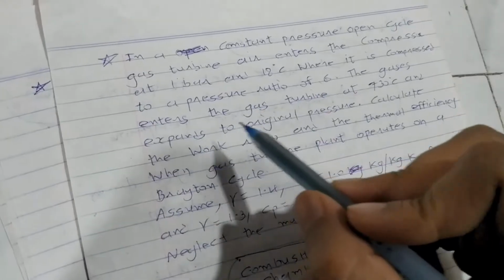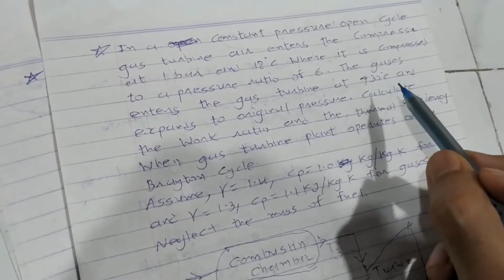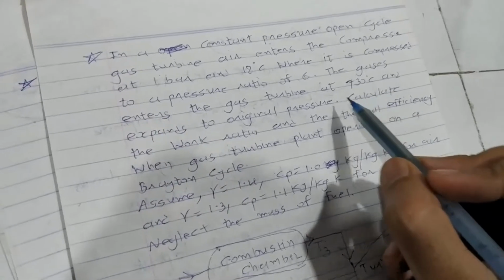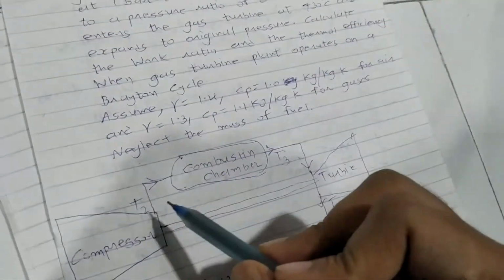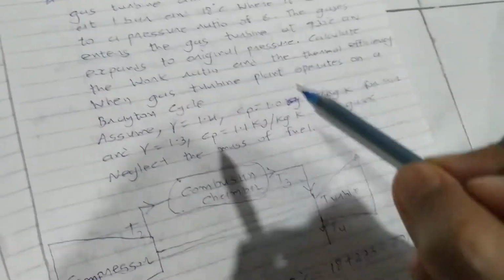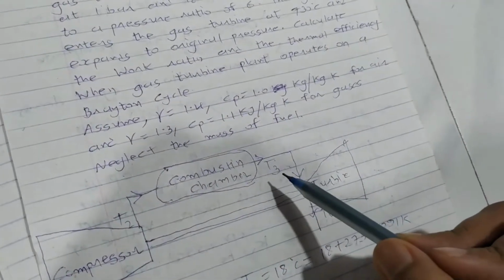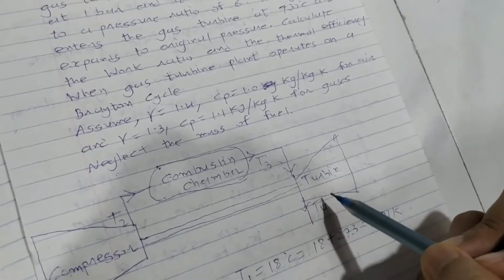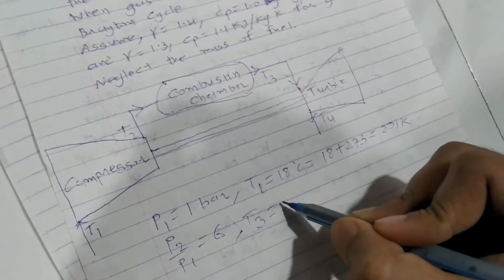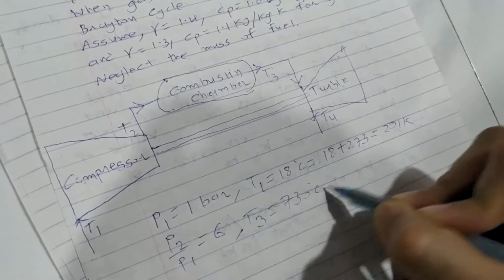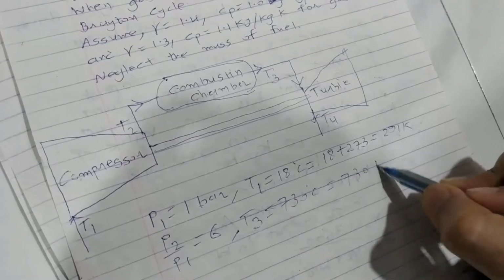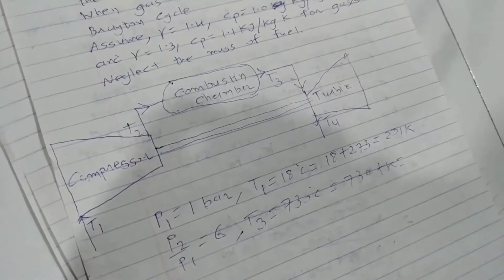The gases enter the gas turbine at 730 degrees Celsius. So it enters the combustion chamber, enters the gas turbine with the temperature T3. So T3 will be 730 degrees Celsius. I will convert it into Kelvin from degrees Celsius.